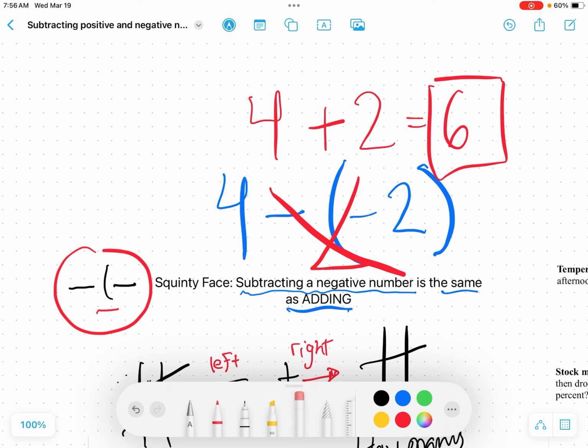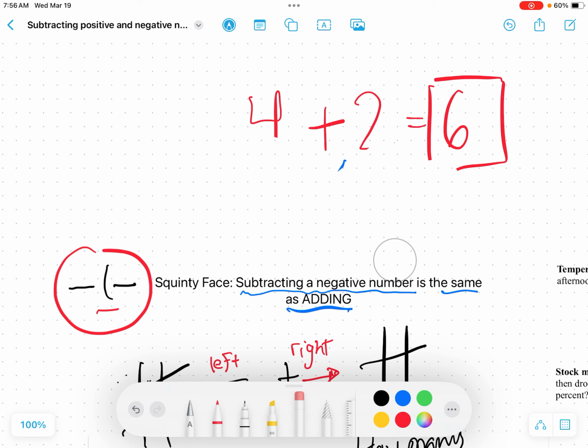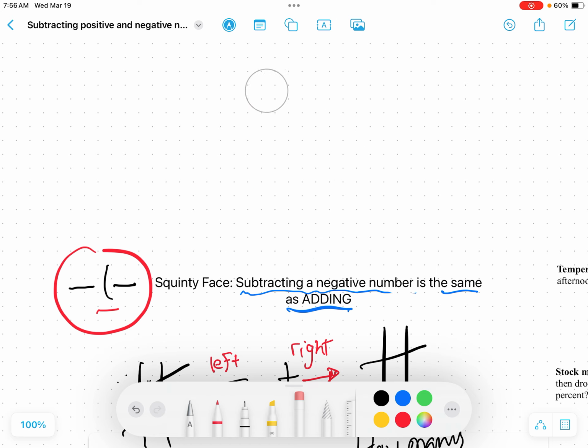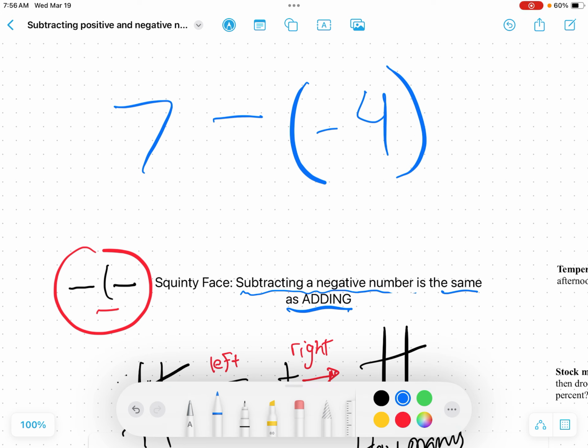Okay, so subtracting a negative is the same thing as adding. Okay? Let's go ahead and practice some. So let's practice 7 subtract -4. So we got that squinty face right there in the middle.